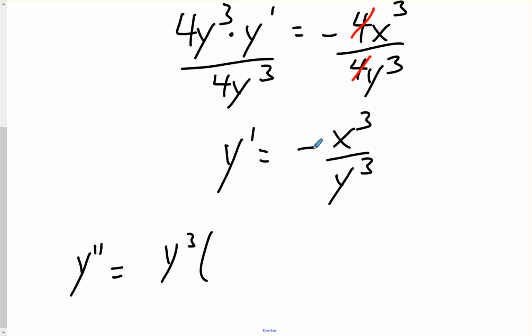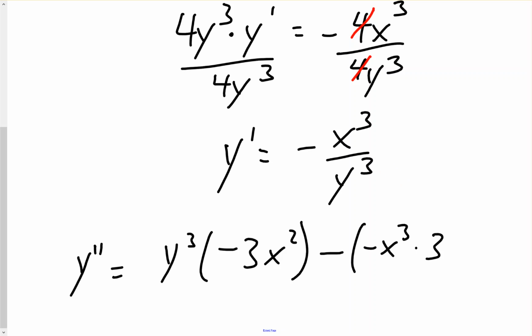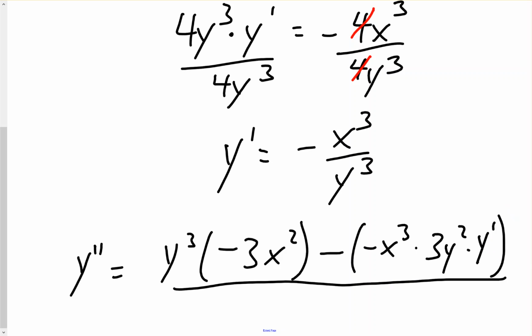So numerator is treated like negative x cubed, so that'll be negative 3x squared minus negative x cubed times 3y squared times y prime, all over the denominator squared, so y cubed, and we're squaring it.